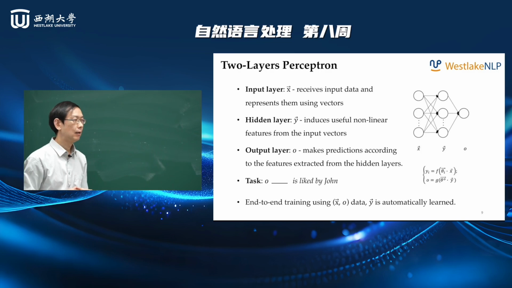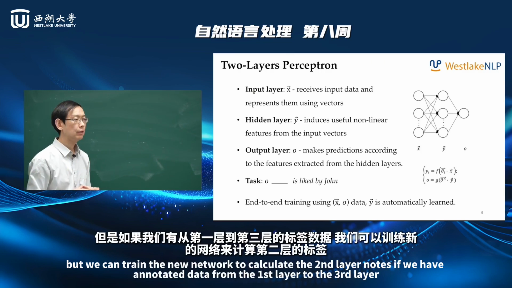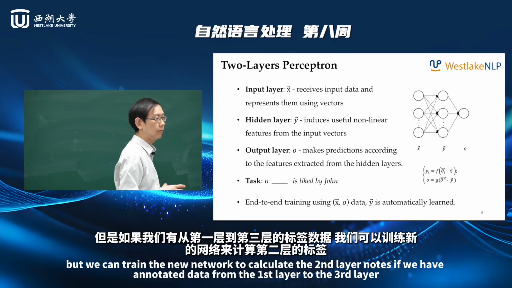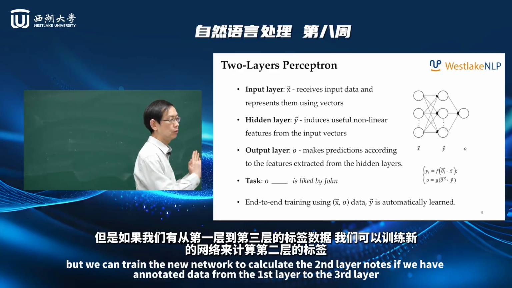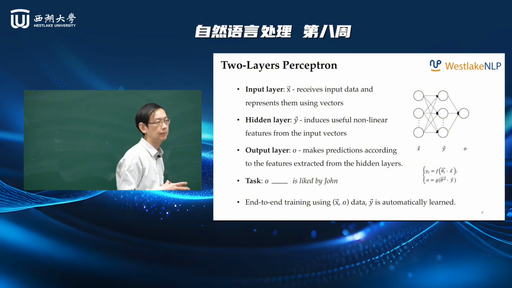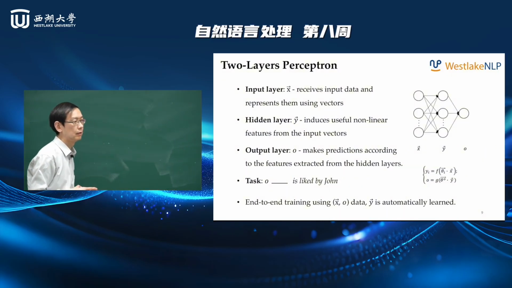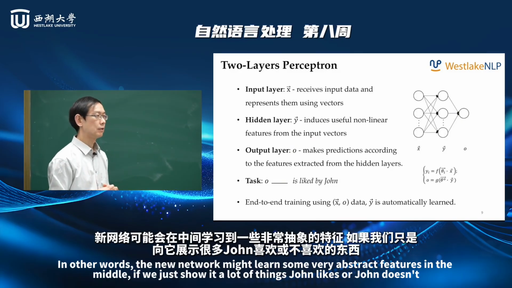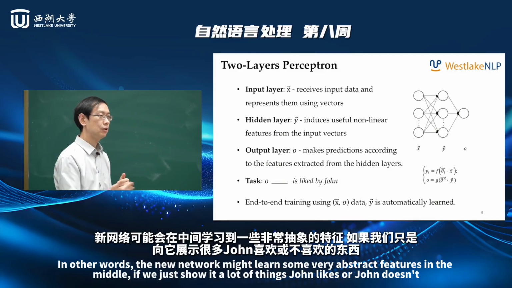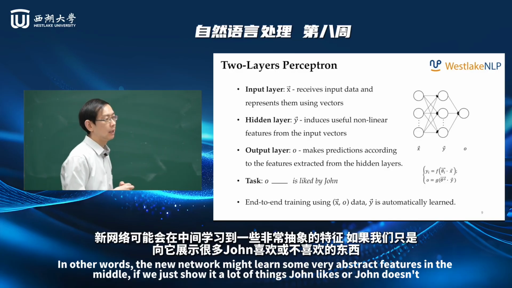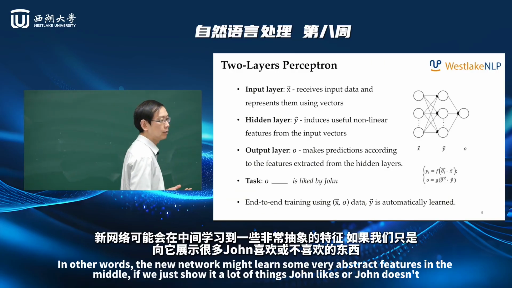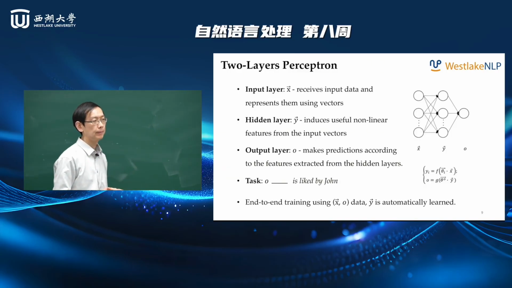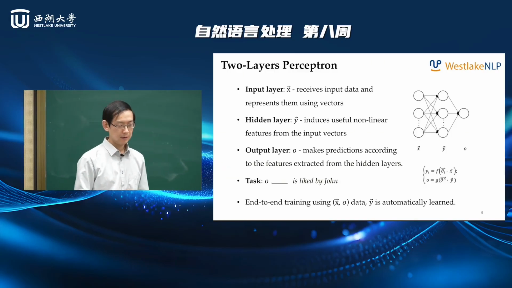But we can train the neural network to calculate the second layer nodes if we have annotated data from the first layer to the third layer. In other words, the neural network might learn some very abstract features in the middle if we just show it a lot of things John likes or John doesn't like.